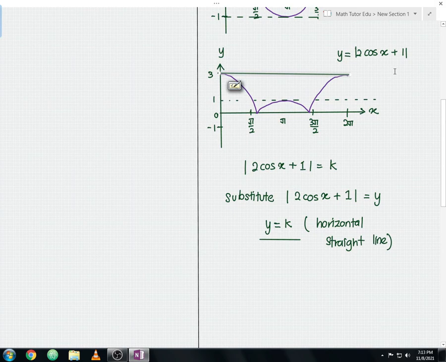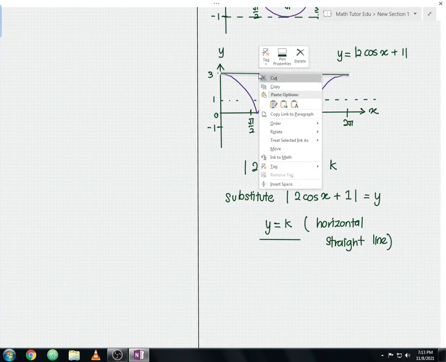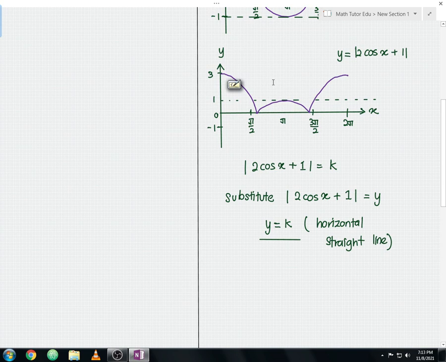As you can observe here, you only have 2 intersections, one at the starting point and one towards the end. These 2 intersections do not fulfill our conditions, since the question requires 4 intersections. So y equals 3 is not in our range.